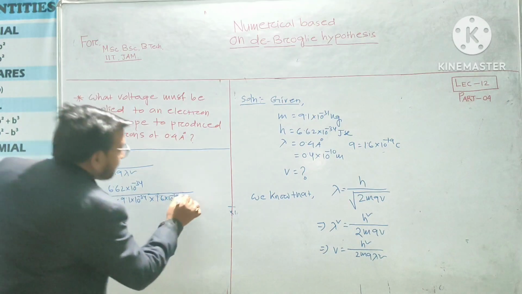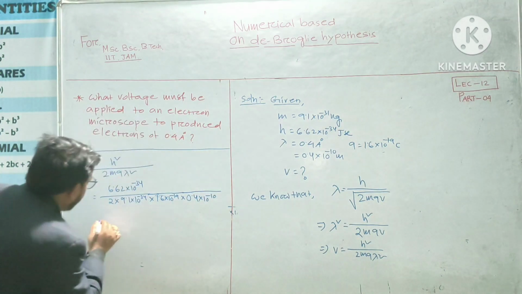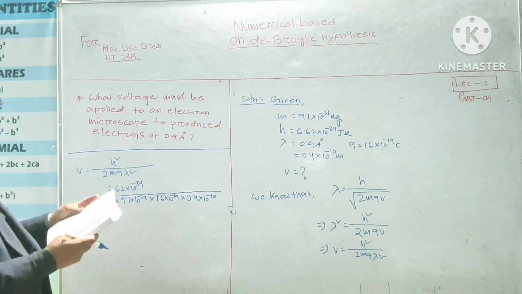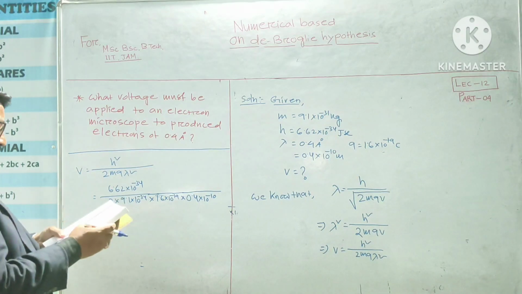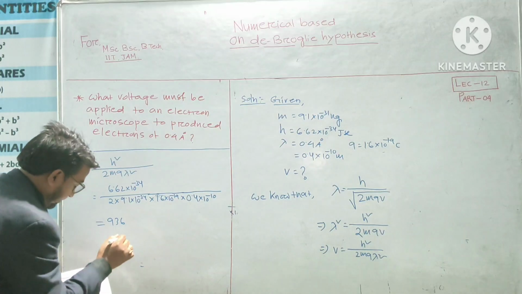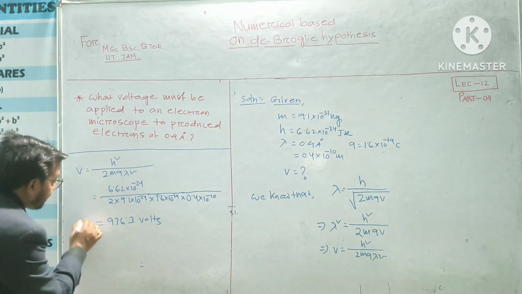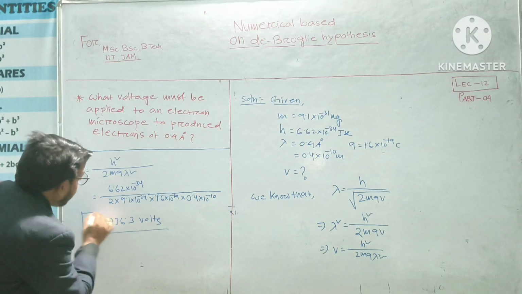After solving this part, we will get the result 936.3 volt. So this is our required accelerating voltage.